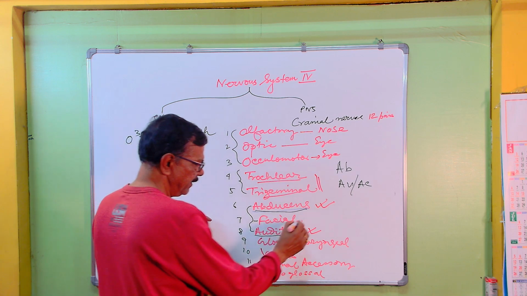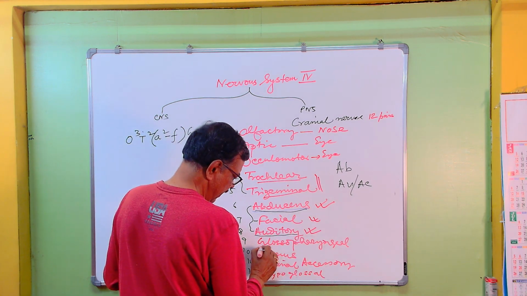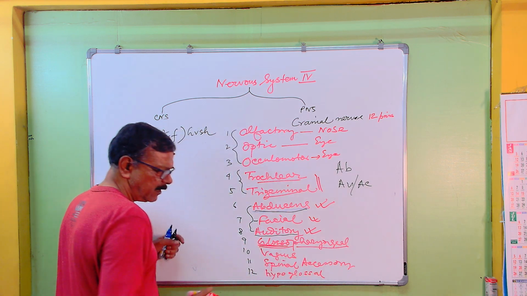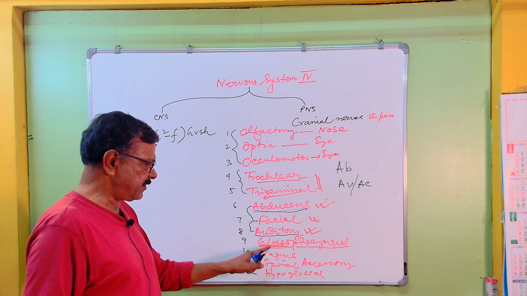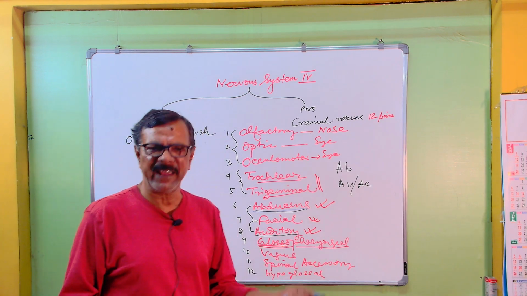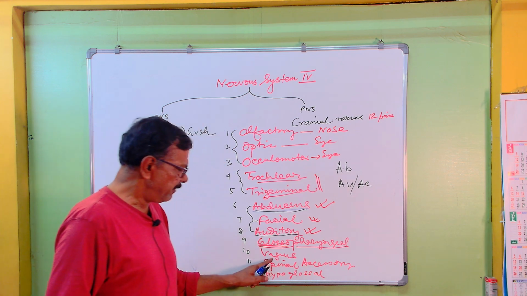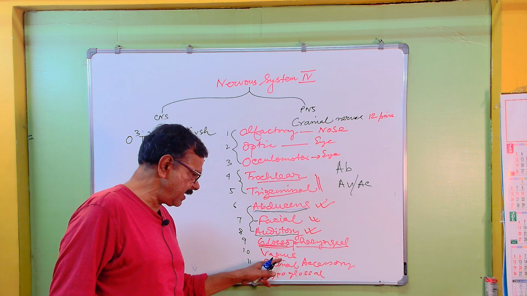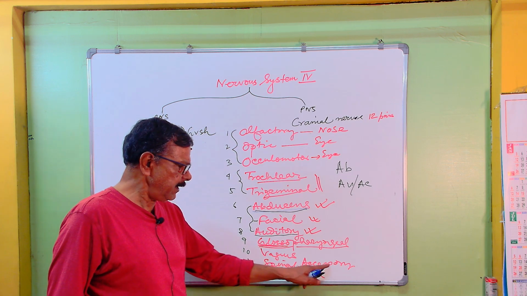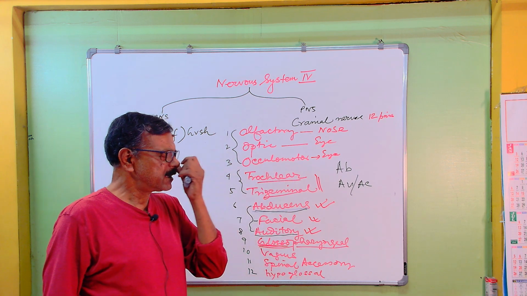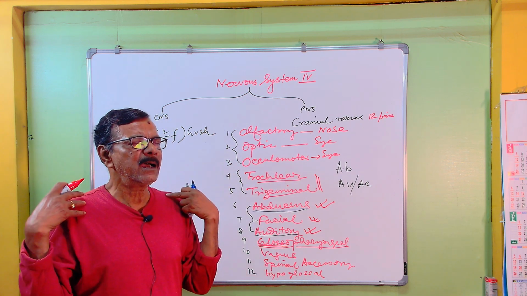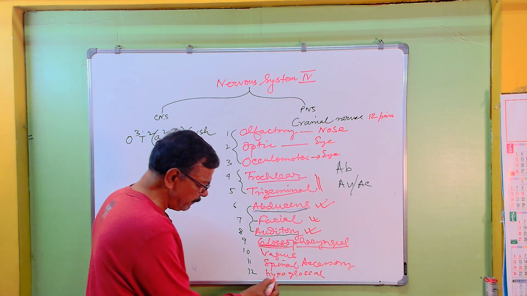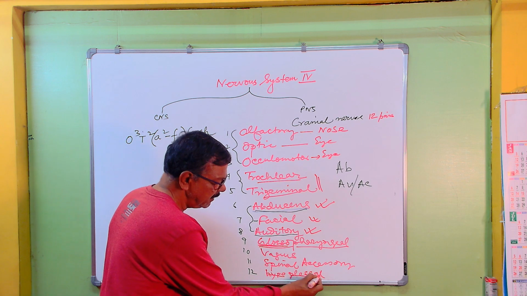Abducens, facial, these are all face. Glossopharyngeal: glosso means tongue, as in glossitis, so taste, and pharyngeal, the pharynx. The vagus nerve goes to the viscera, stomach, intestine and others. Spinal accessory is the accessory of the spinal nerve, it goes to the spinal area, that is the neck area. Hypoglossal, hypo means below, glossal means tongue.